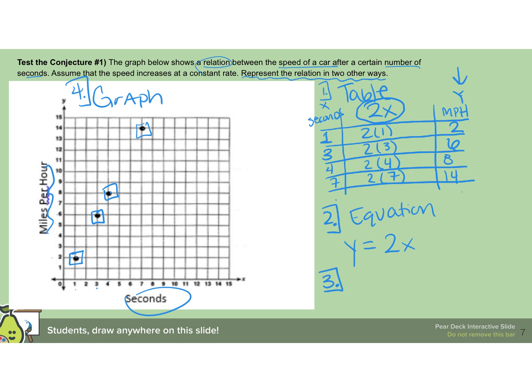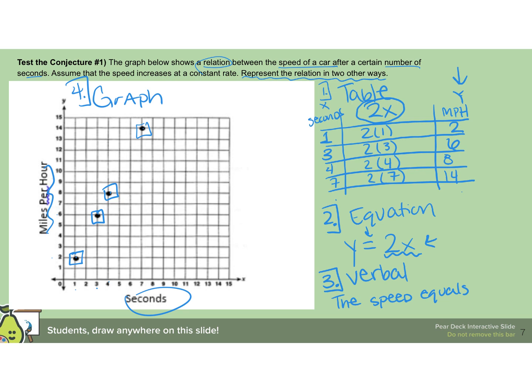The other way is to represent it with words. So the verbal representation is just you explaining this equation in words. So instead of saying y, what does y represent? Miles per hour, which is a speed. So you can say, instead of y, the speed equals, and then you explain what 2x means. 2 times what?